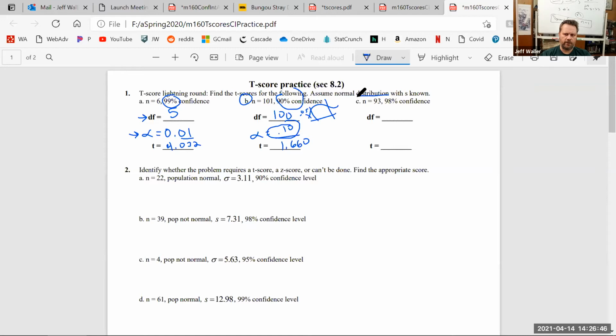Now this one's a little bit weird. Let's see what you guys think. Try to do that last one. For the degrees of freedom, we're looking for t-score, are we rounding? Like, if it's 92, do we just make it 90?